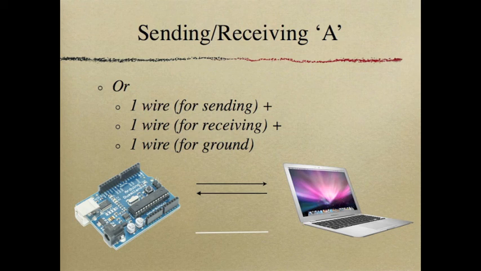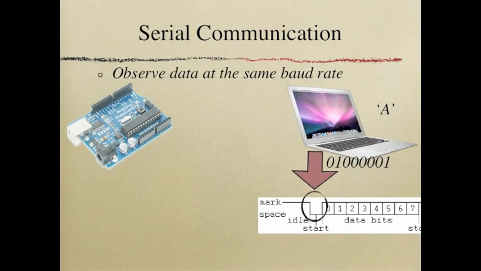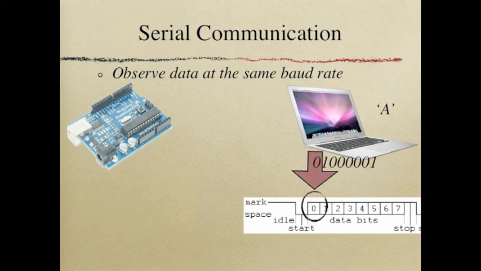This is good for long distance communication because we don't have the trouble of wiring so many lines between the devices. But how can we send 8-bit data with just one line? Let me explain. Both devices are configured for the same clock rate, or baud rate.